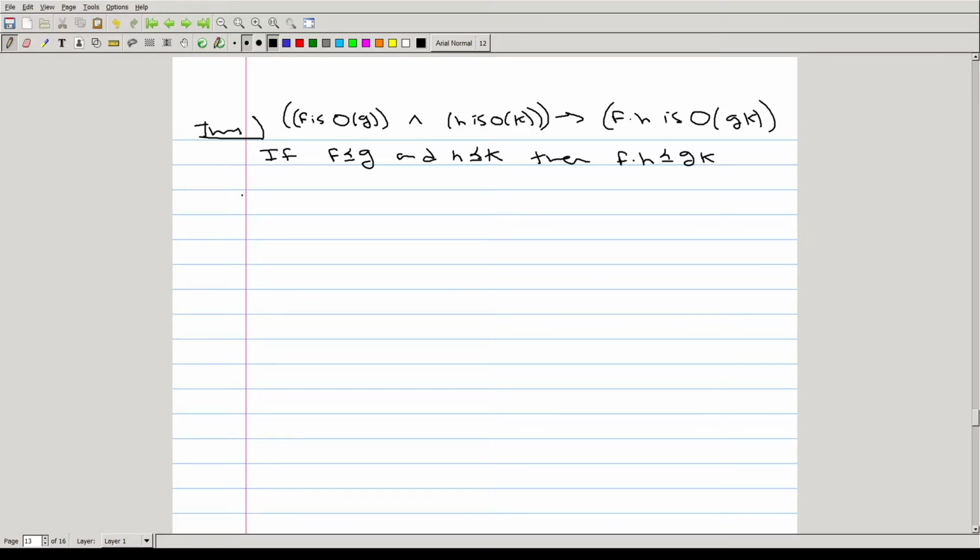Furthermore, we have that if f grows at the same order of g, so f is bounded above by g and g is bounded above by f, and h grows at the same order of k, then f times h grows at the same order of g times k.